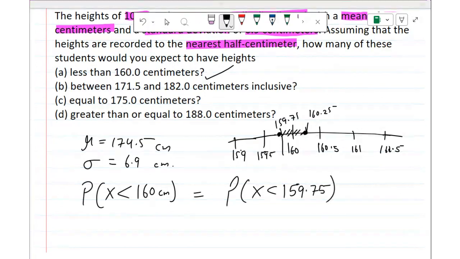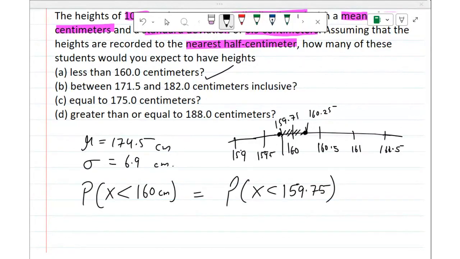Roshan, this answers your question. In the case of the binomial distribution, the continuity correction is always 0.5, because there we have either 0 successes, 1 success, 2 successes or 3 successes, so the scale is 1. But here our scale is not 1, it is half centimeter, because every half centimeter we are measuring.